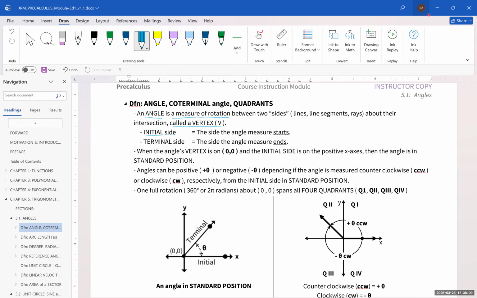The initial side is the side where the angle measure starts. The terminal side is the side of the angle measure where it ends. If we look at the illustration down below, you can see we've got an initial side right here, and a terminal side right there.